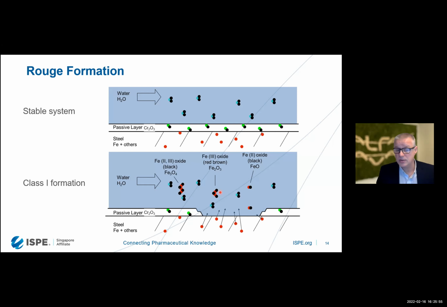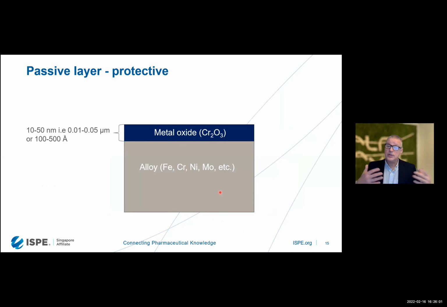And now we have to look at how we secure that we have a strong passive layer in our system. If we look at the passive layer, it's quite a thin passive layer. It's a metal oxide, chromium 2 oxide 3, that is sometimes 100 to 500 ångström, or 10 to 50 nanometer, which is a very, very thin layer.